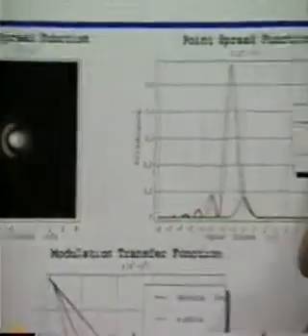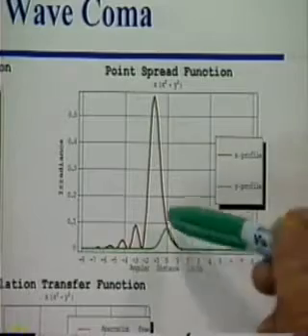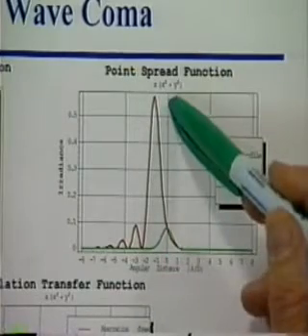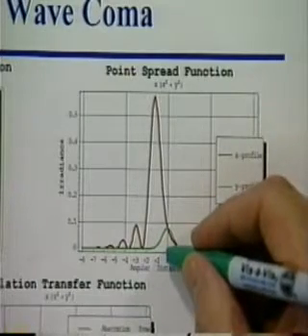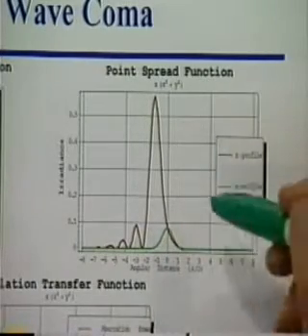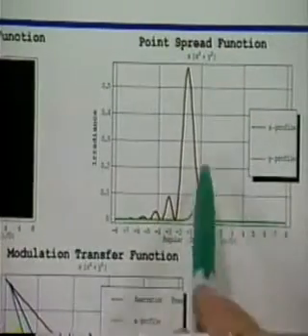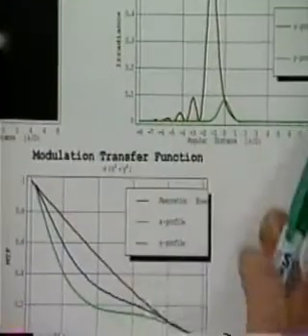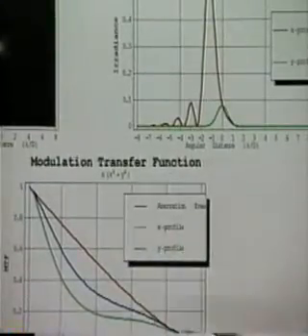Our point spread function looks like this. First, the peak in the point spread function is shifted sideways from where it would be if we had no aberration. And since this is not rotationally symmetric, when we do the MTF, we're going to get different MTFs for different profiles.